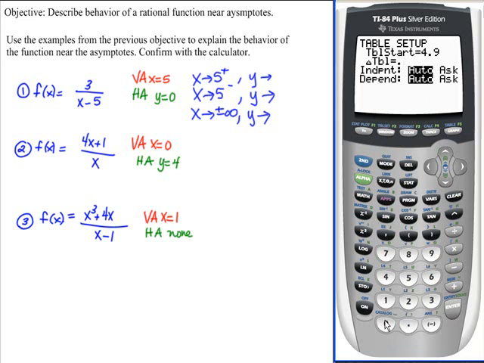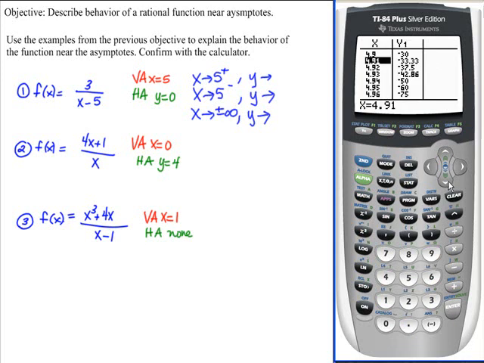So if we do 0.01, what you see now, we're counting by 1/100ths, and as we get closer and closer to 5, what's happening? Yes, the y values are getting more and more negative. So as we're coming into 5 from the left side, y is approaching negative infinity.